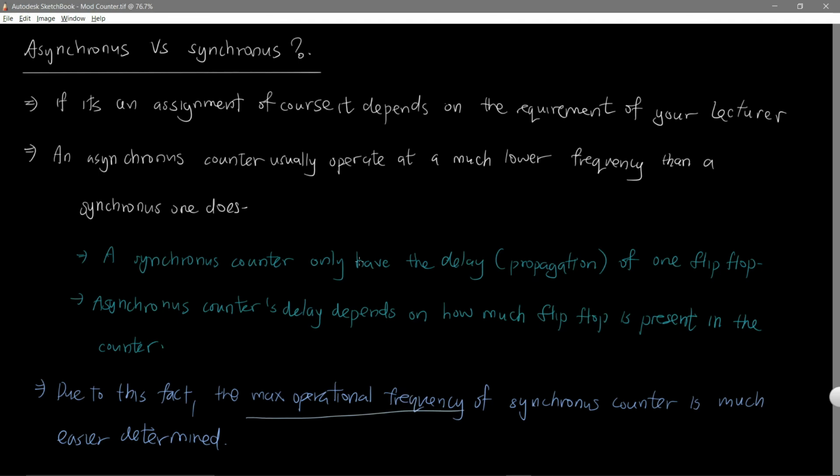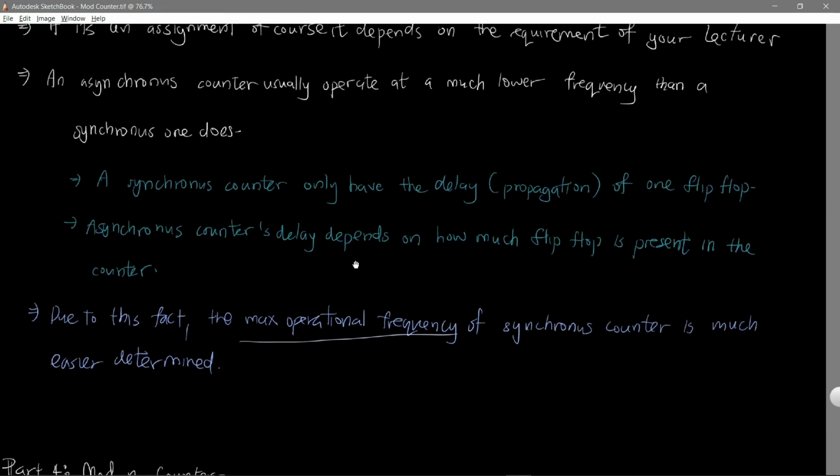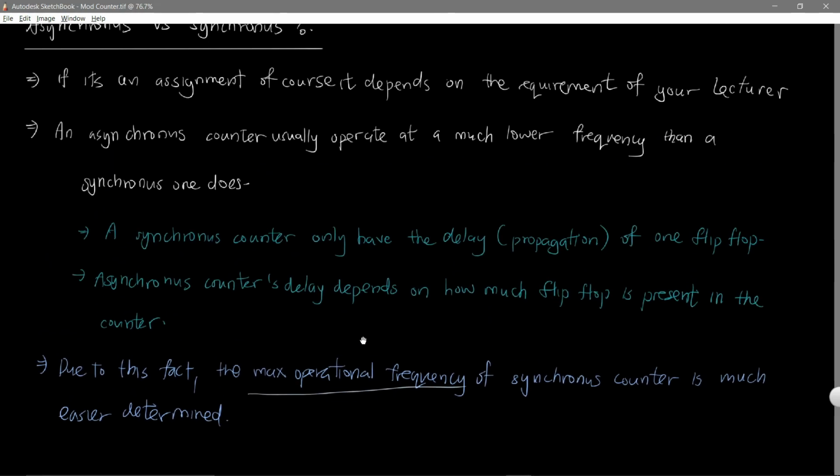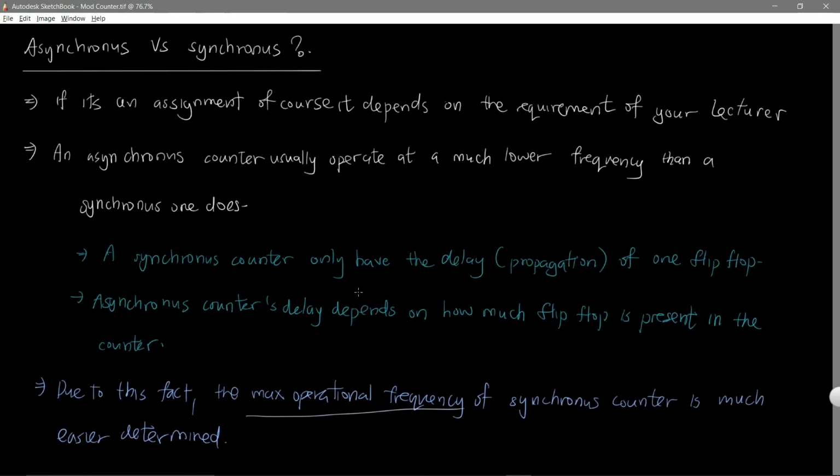Because if you take more time in one single step of counting, the total number of counting steps you can do in a fixed amount of time is cut by a lot. So if you aim for speed and efficiency, you want to go for the synchronous one. But if you aim for simplicity and cost cutting, you want to go for the asynchronous one.